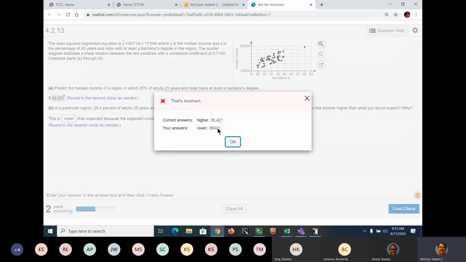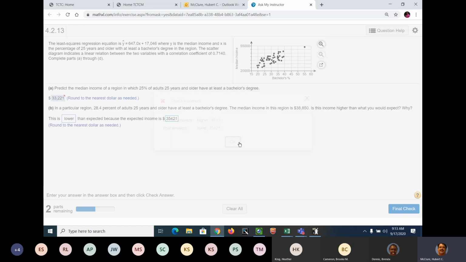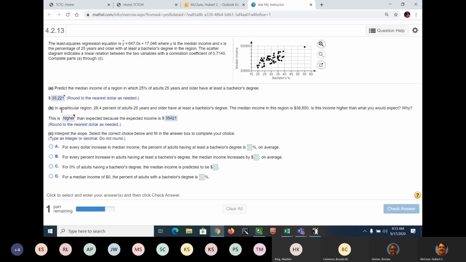I didn't type in a comma, and I said lower. Okay, I'm reading the question wrong. In a particular region, 28% of adults have at least a bachelor's degree. The median income is 38. Now, 38 is higher than 34, so I must be just reading the question wrong.